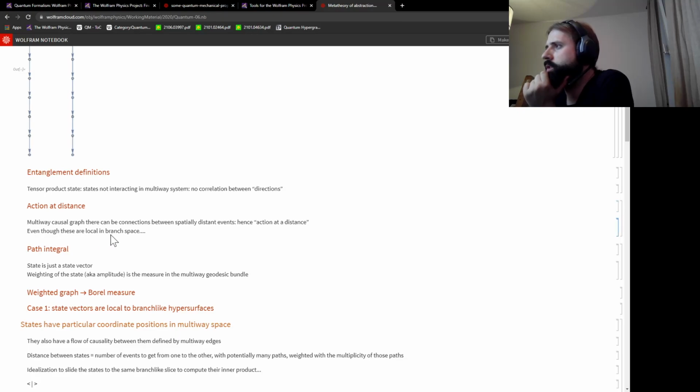There can be connections between spatially distant events. Path integral state is just the state vector. Weighting of the state, amplitude is the measure, and the multi-way geodesic bundle.